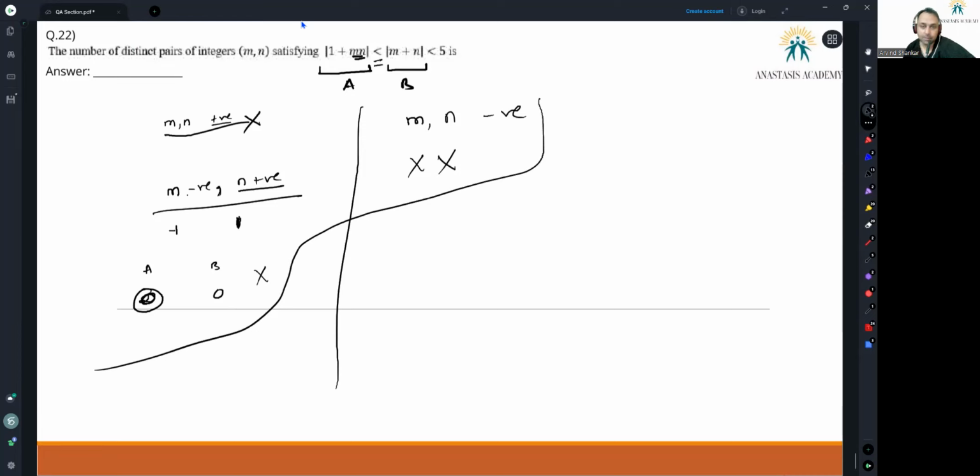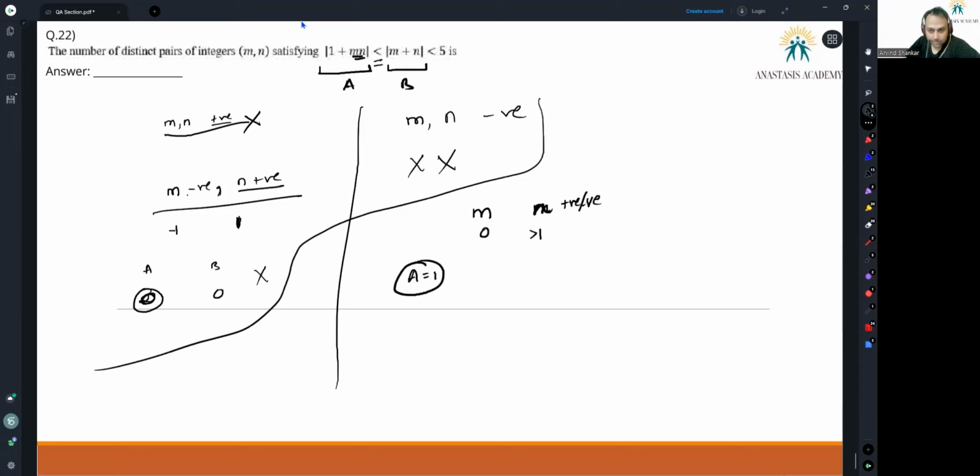The one way that people tend to miss out on here is taking one of the variables as 0. If M was 0, A will necessarily be equal to 1 always, and for N, regardless of whether it is positive or negative, as long as it is greater than 1, this condition will get fulfilled here.